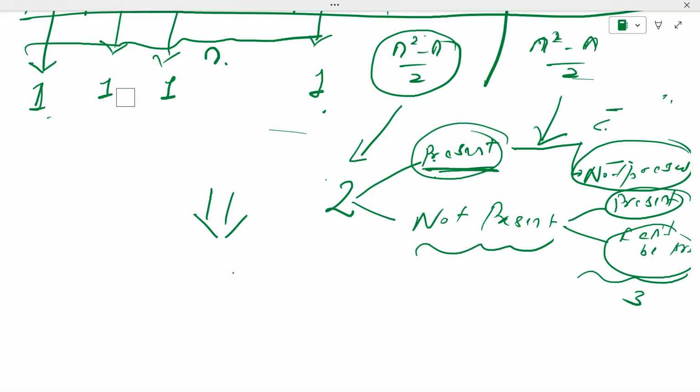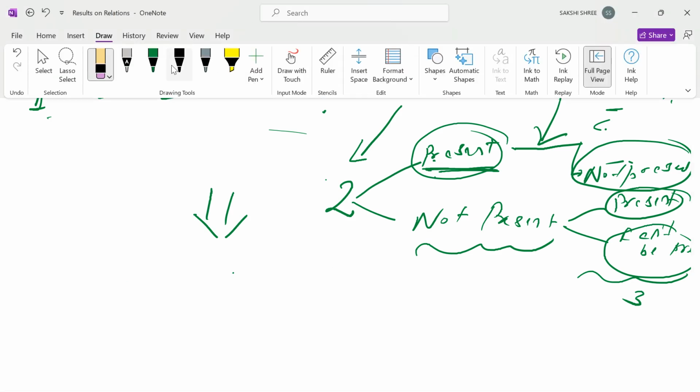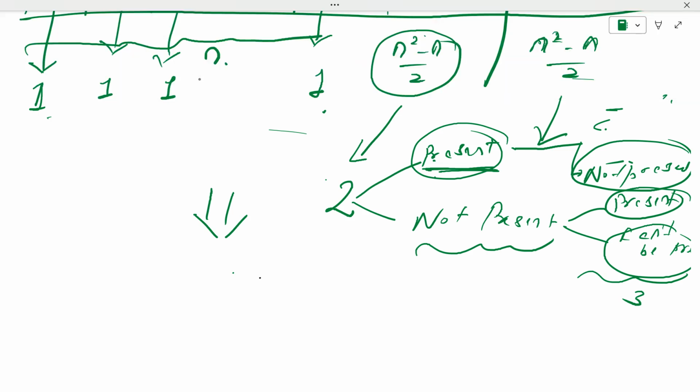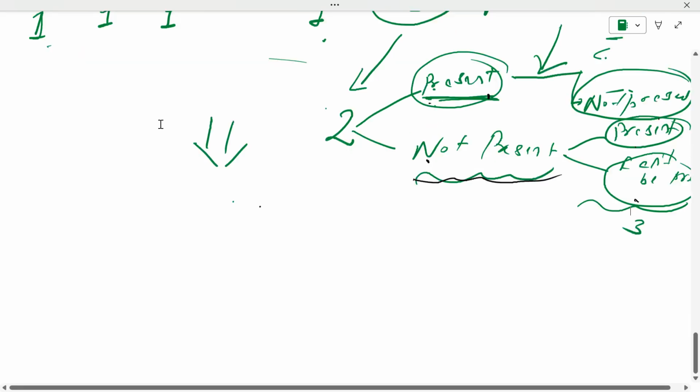If we divide like this, for one half it can be present, it cannot be present. For this present part, it shouldn't be present. For this not present part, it can be present or cannot be present. So let's divide it in this way, because it is getting a little bit hectic.